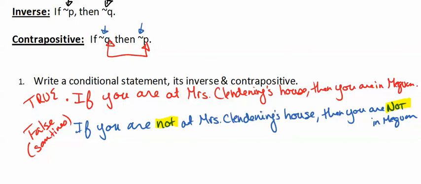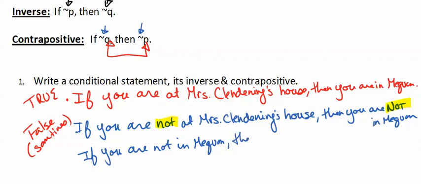The contrapositive, again, means that you're going to reverse the if and the then statement and negate it. So my contrapositive statement would be, if you are not in Mequon, then you are not at Mrs. Clendening's.